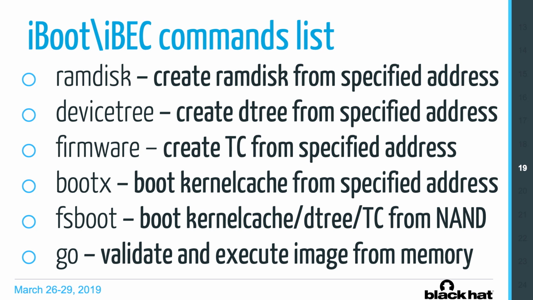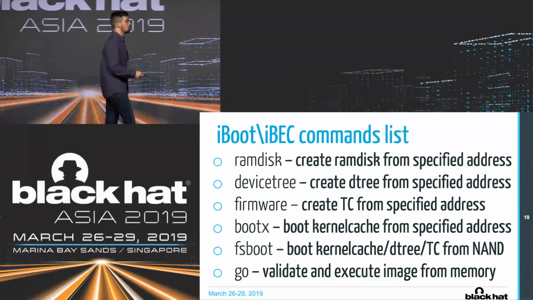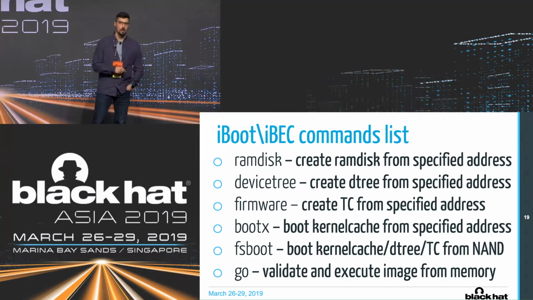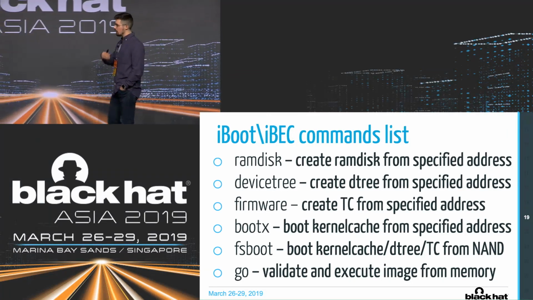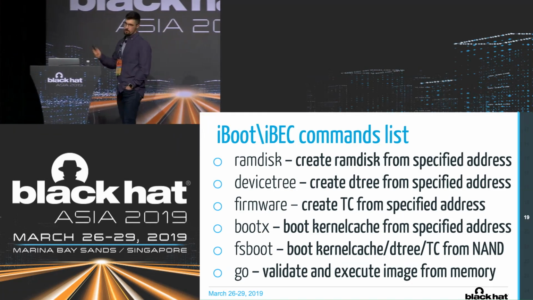And the last one is go. That's an interesting command. Basically, that's the way Apple uploads different diagnostic images to iBoot. We can upload different images over USB, then send the go command, and if the image tag is correct, it will be executed by the bootloader.